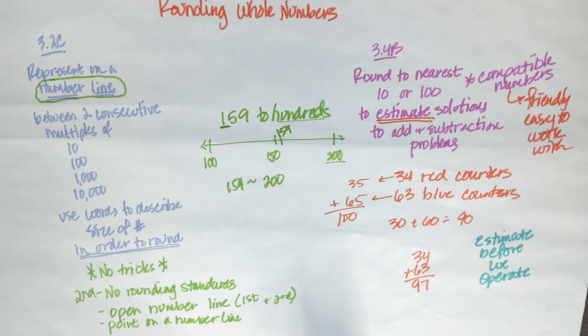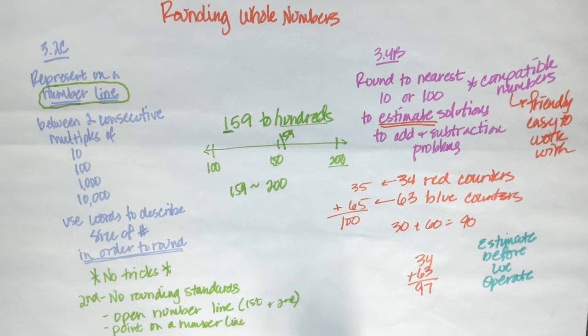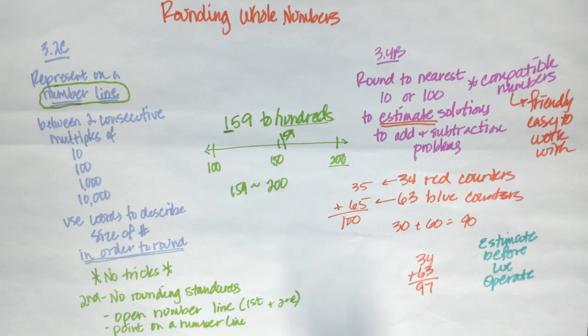So then rounding becomes one really big life skill for us, because we use it all the time when we're shopping. We use it all the time when we're paying for things. So we want to teach kids how it's applicable, and then we use it in problem solving, so we help to build that reasonableness that we know our students need work on.